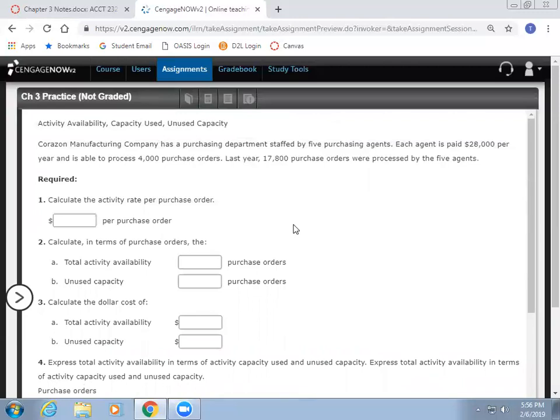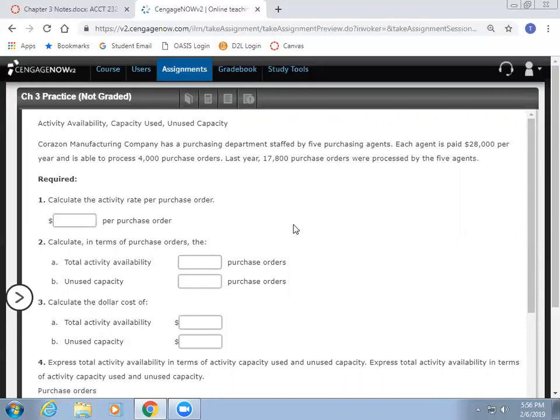And here we're looking at Horizon Manufacturing Company has a purchasing department staffed by 5 purchasing agents. Each agent is paid $28,000 per year and is able to process 4,000 purchase orders. Last year, 17,800 purchase orders were processed by the 5 agents. So here we're switching gears just a little bit and we're looking at activity rates and, you know, unused capacity and things of that nature.